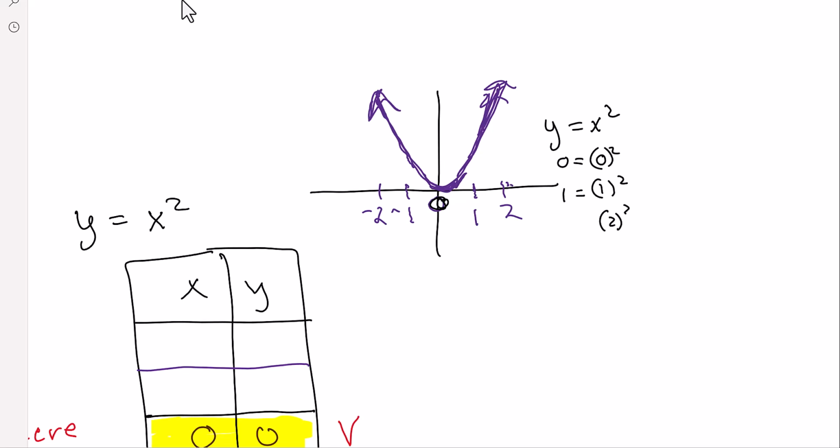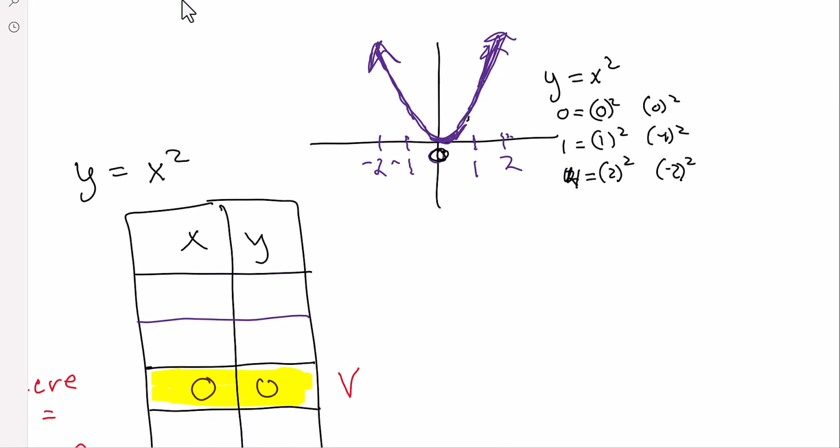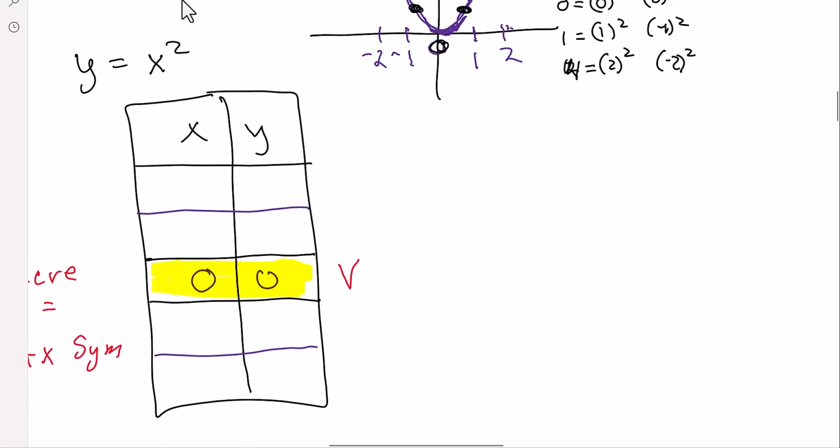When x is 2, y will be 4. And same with negative 1, if you square it, you'll be at 1. And when you put in negative 2, you'll be at a positive 4. So at 1 we're there, and at 2 we're up here, and it's going to be the same on both sides.